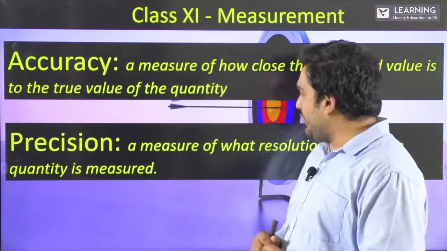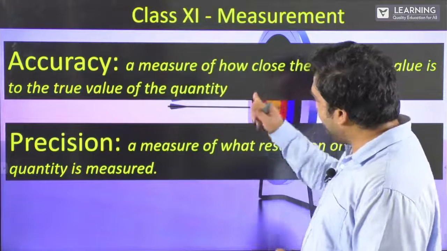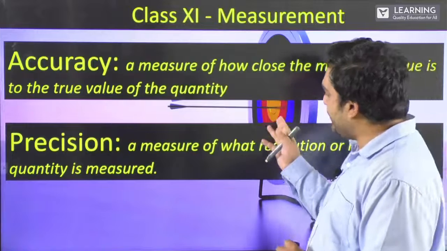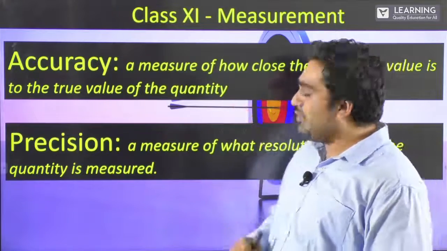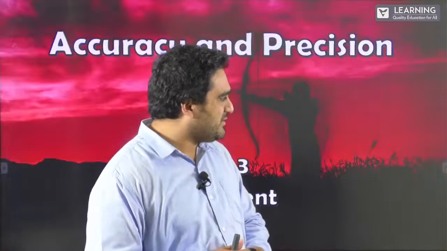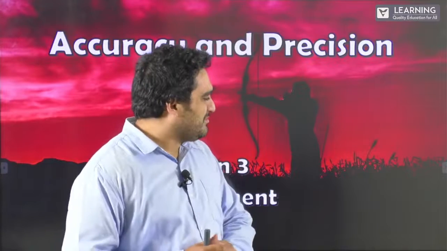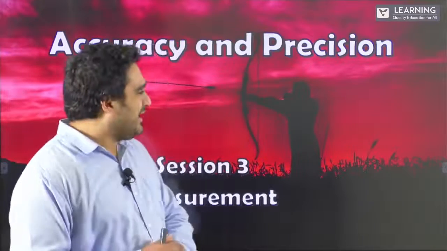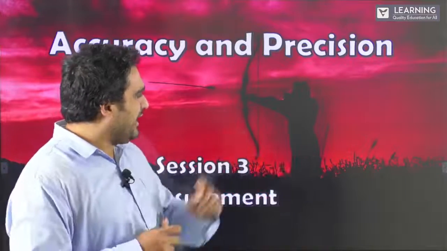Again, one more example. In this background picture, I have the board where you throw an arrow. Even the initial picture before this is a picture of a marksman who has drawn the bow and shot the arrow.